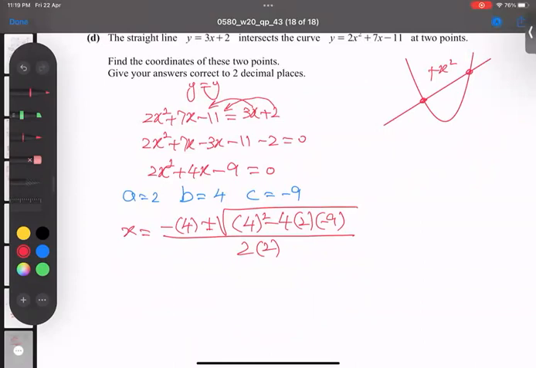One more very important thing, because these are not small marks: the best idea is to type the root part, or the inside part, fully in the calculator, because sometimes we take shortcuts, and that is why we lose marks. So I'm getting 88, so negative 4 plus root 88 by 4.